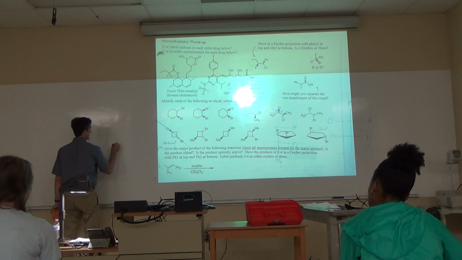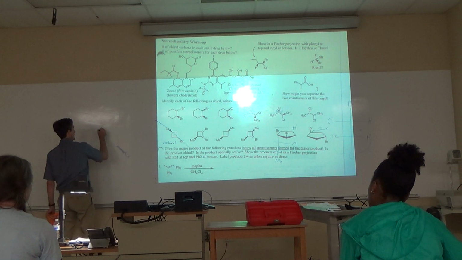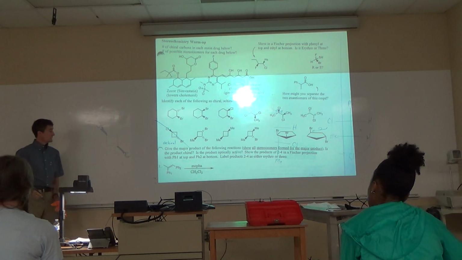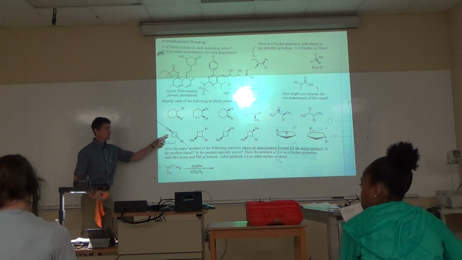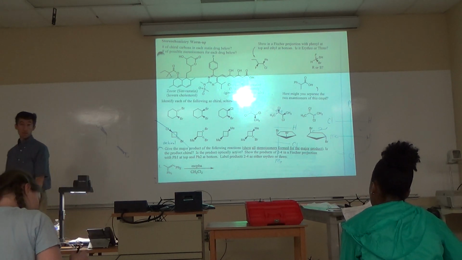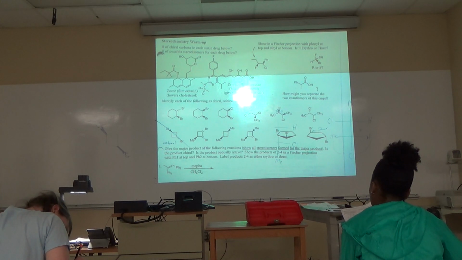The possibility here is for us to draw this. What's the difference in those two? Cis and trans on a ring. Cis and trans are stereoisomers.